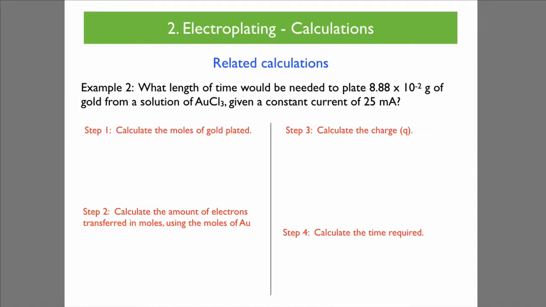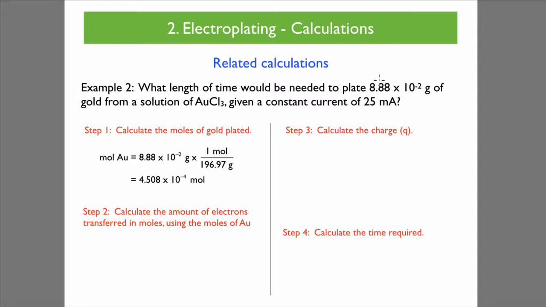Here's another example. What length of time would be needed to plate 8.88 times 10 to the minus 3 grams of gold from a solution of gold chloride given a constant current of 25 milliamps? First step, we can calculate the moles of gold plated because we have the mass given here.